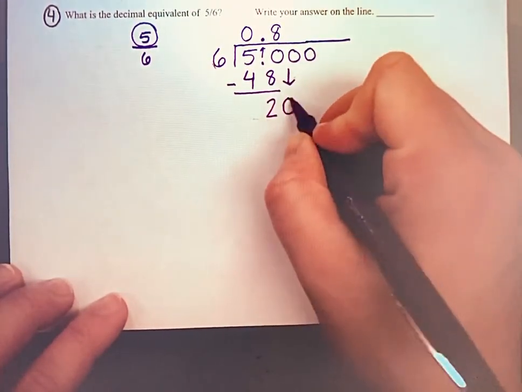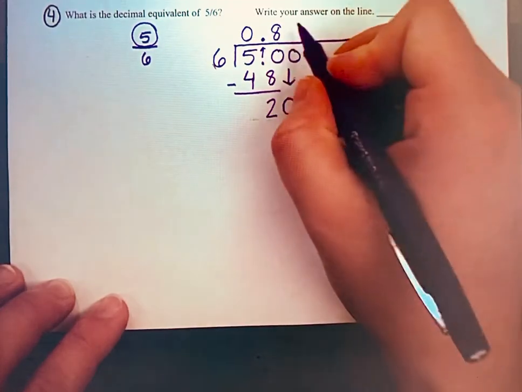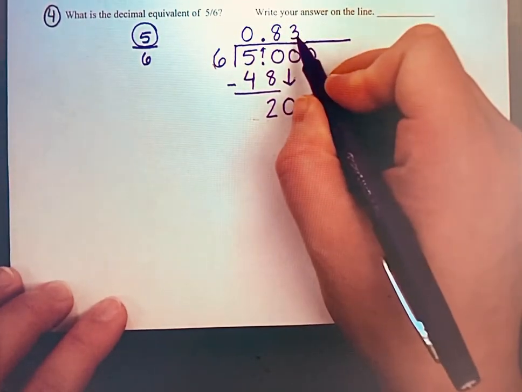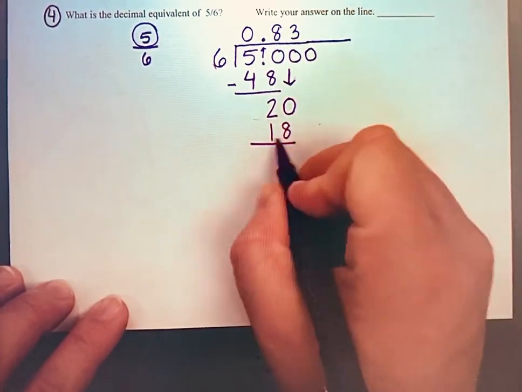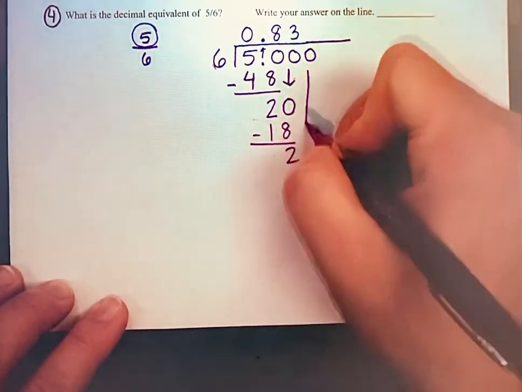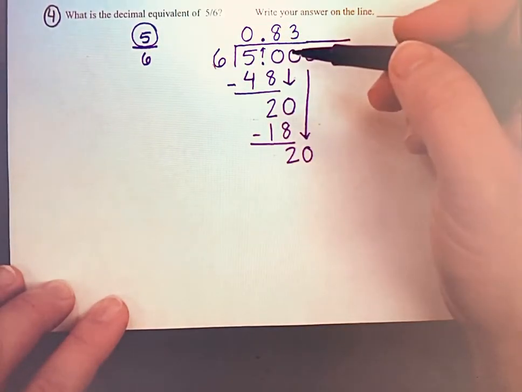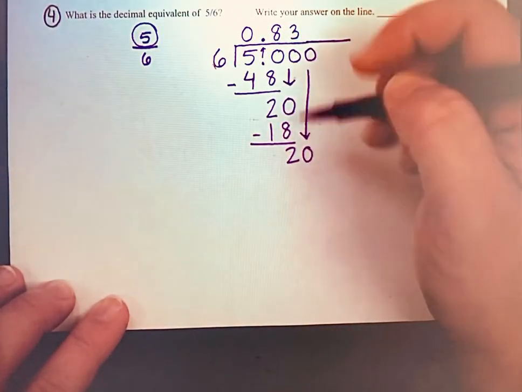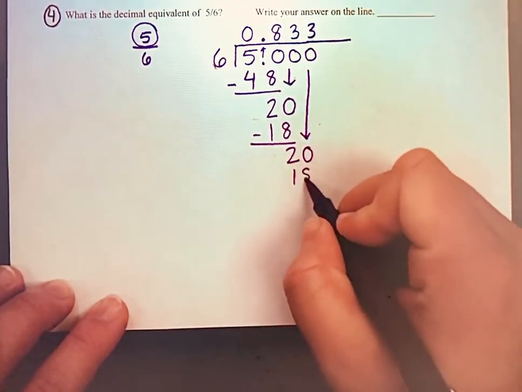Bring down a 0. 6 can go into 20 3 times. 3 times 6 is 18. I subtract and I get 2. 6 can go into 20 again 3 times. 3 times 6 is 18.